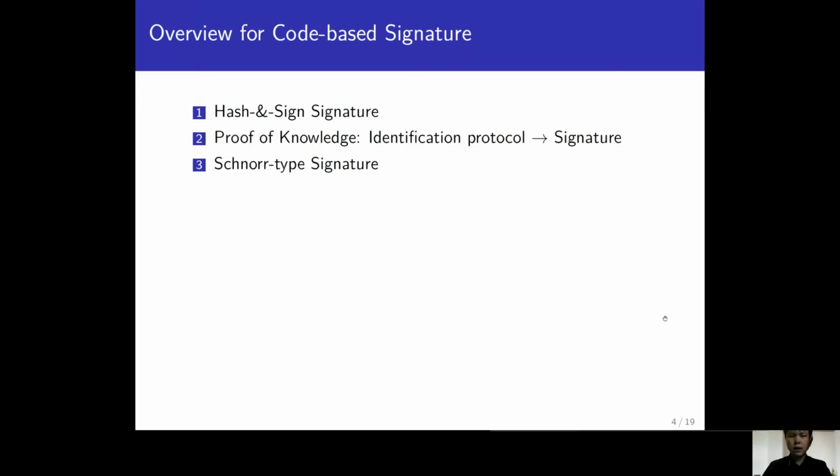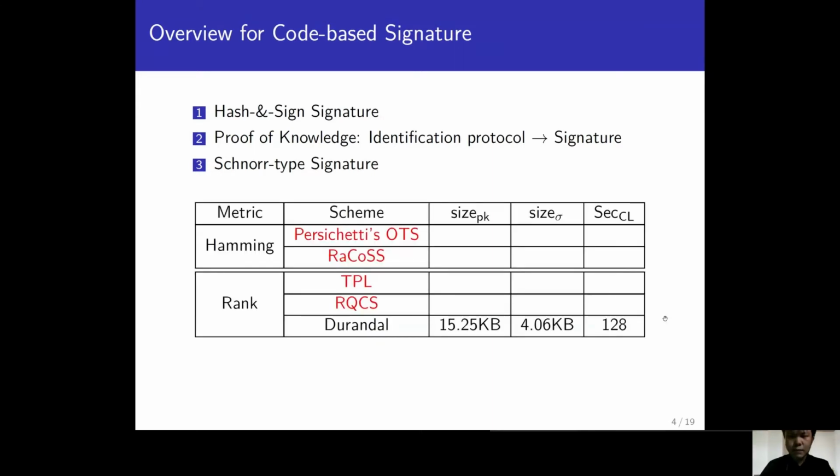What we are particularly interested in is Schnorr-type signatures. Some examples: in Hamming metric we have Persichetti's one-time signatures, and also one of the submissions to NIST, RACOSS. For rank metric there are 3 constructions of this type: first is TPL, the second is RQCS, and the third is Durandal.